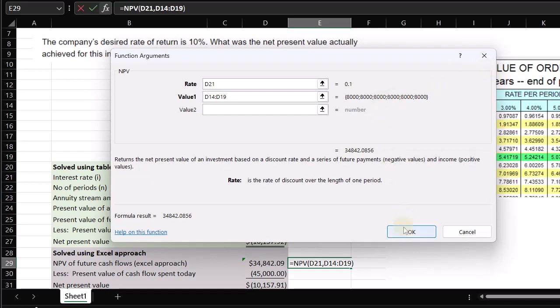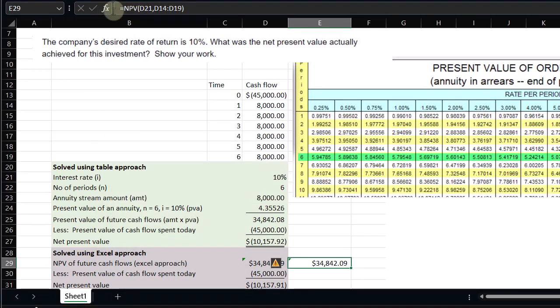Now if you hit enter, you're going to get the same value. But if you wanted to do this all in one step, you'd add to the end the initial cash flow. We're subtracting the initial cash flow, but since I've entered it as a negative, we need to add it. And as soon as I do that, you'll see it's the same answer as what we received before.